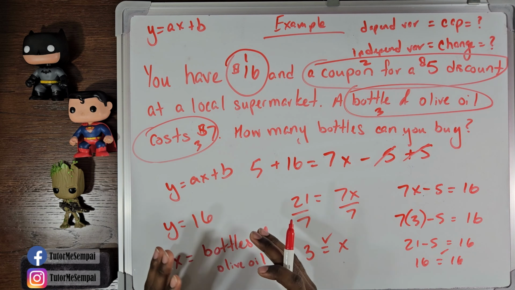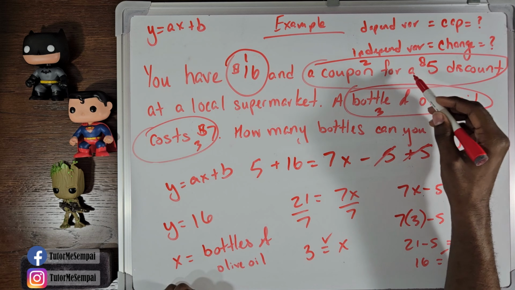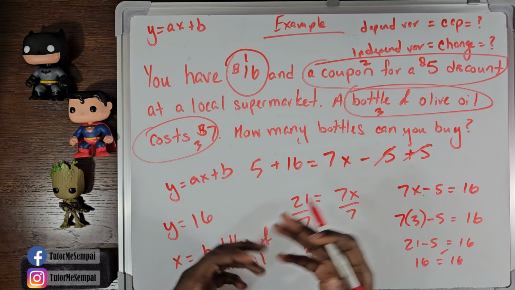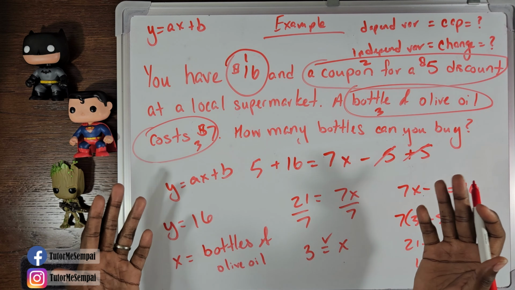There will be times when your word problem will give you way more than you need. Don't try to use everything all the time if it doesn't make sense to do it. That discount is going to have an effect on our total price, so we had to put it in there. After you create it, solve it. So I hope you were able to follow along with today's video, and I hope you now know not just how to solve your linear equations within word problems, but how to find your linear equations within your word problems.